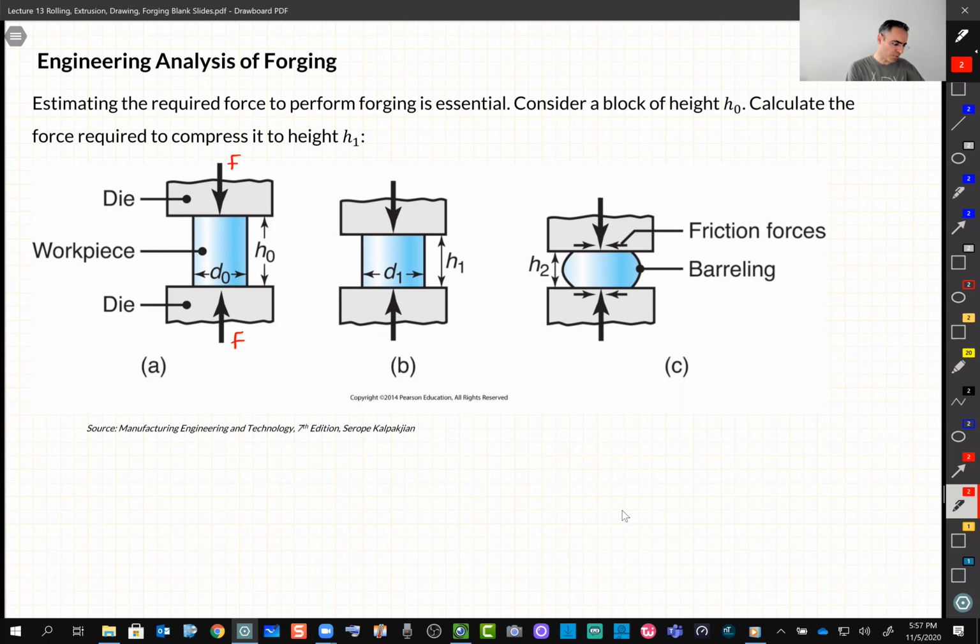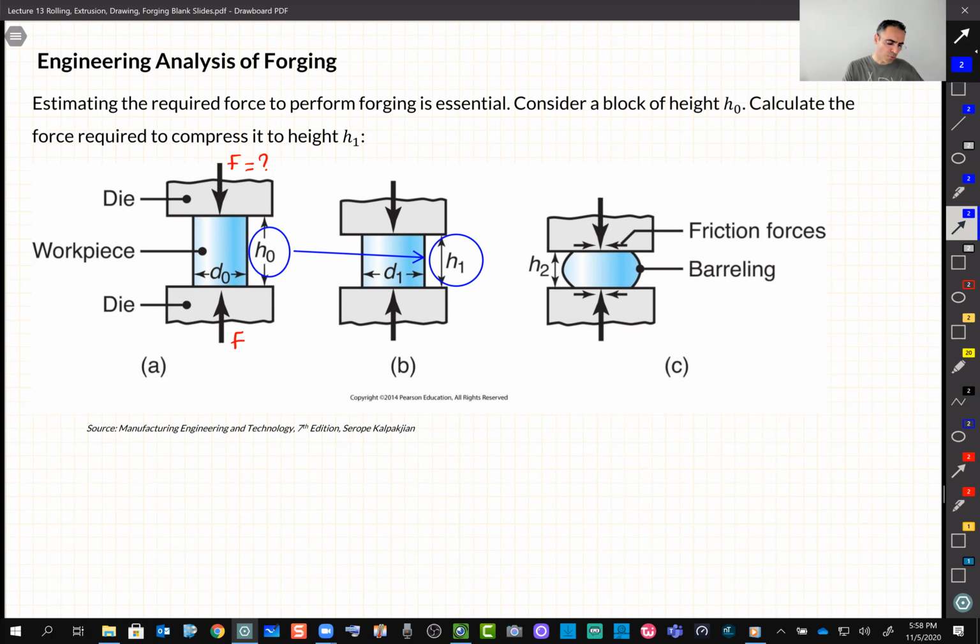The question is, how much force do I need to get from H0 to H1? And then of course, how much force we need to get from H1 to H2, or maybe several other steps.